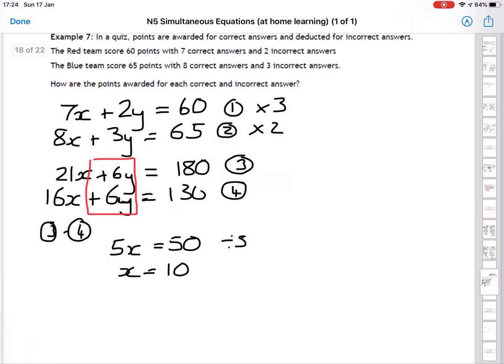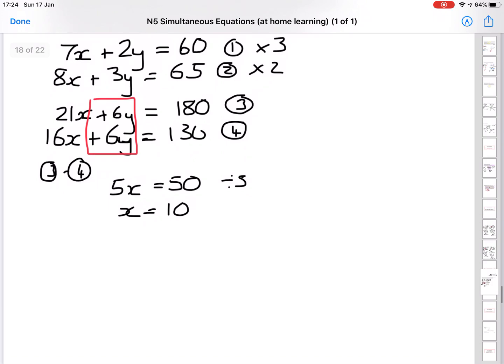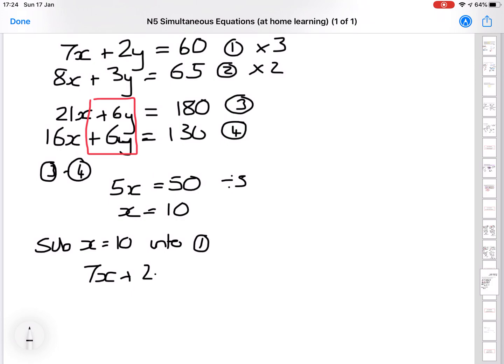We're now going to substitute that value back into equation 1. So sub x equals 10 into equation number 1. Equation number 1 was 7x plus 2y equals 60. I know that x is 10, so that becomes 7 times 10 plus 2y equals 60.